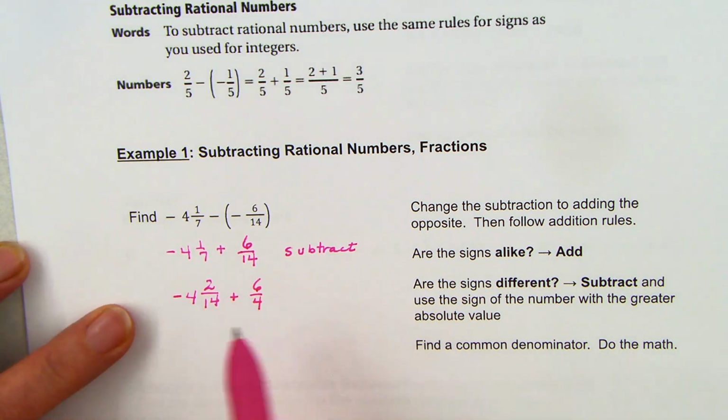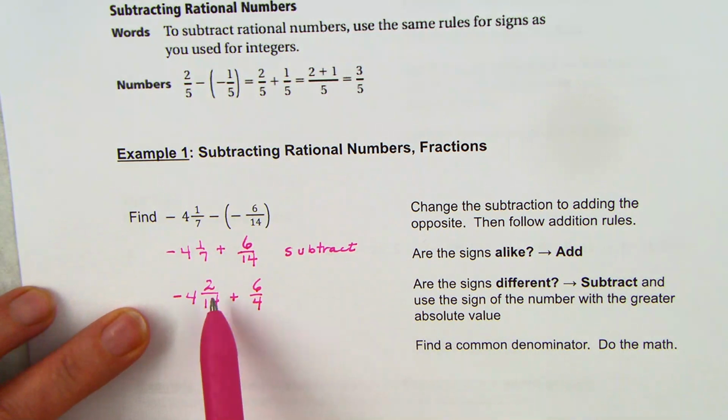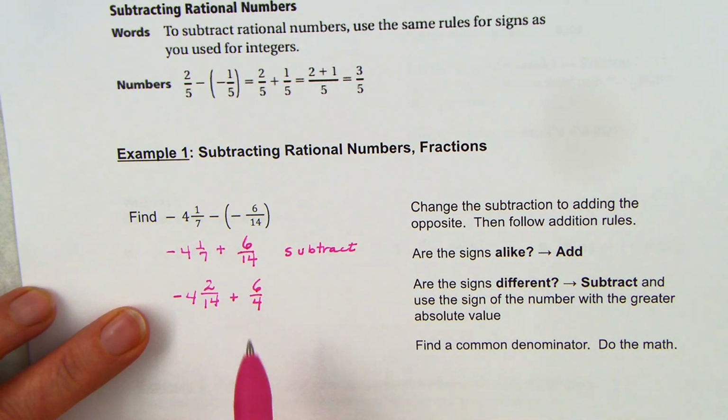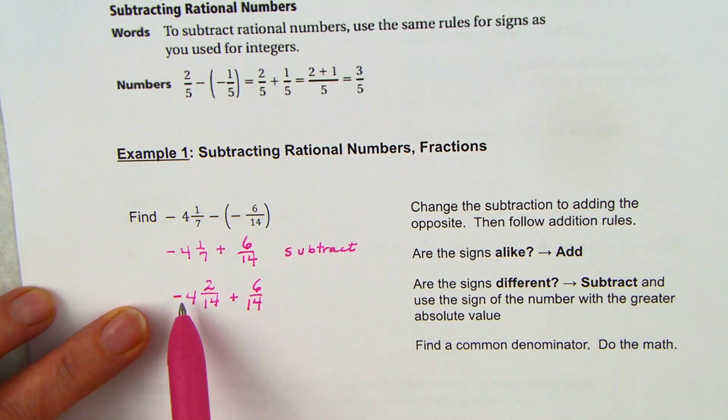And now I need to subtract those. If I've got 2/14 and I need to subtract 6/14, I'm going to have to borrow.